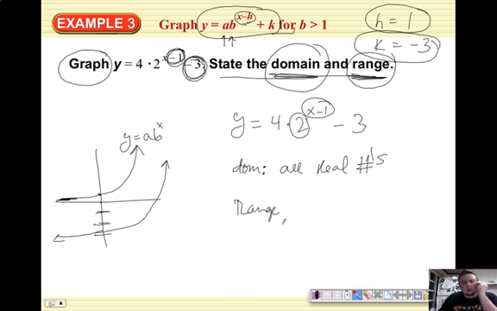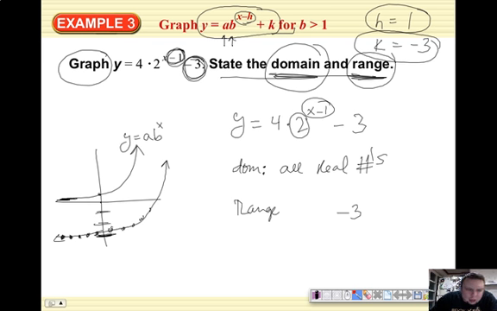Just look at the picture, kind of like what I told you to do last time. Look at this picture right here. Where does it start? Look at all the y values. If I had to calculate all these coordinates, what are all the y values of these coordinates? What are they getting close to right here? All these y values right here are very close to negative 3, right? And what do they keep doing?